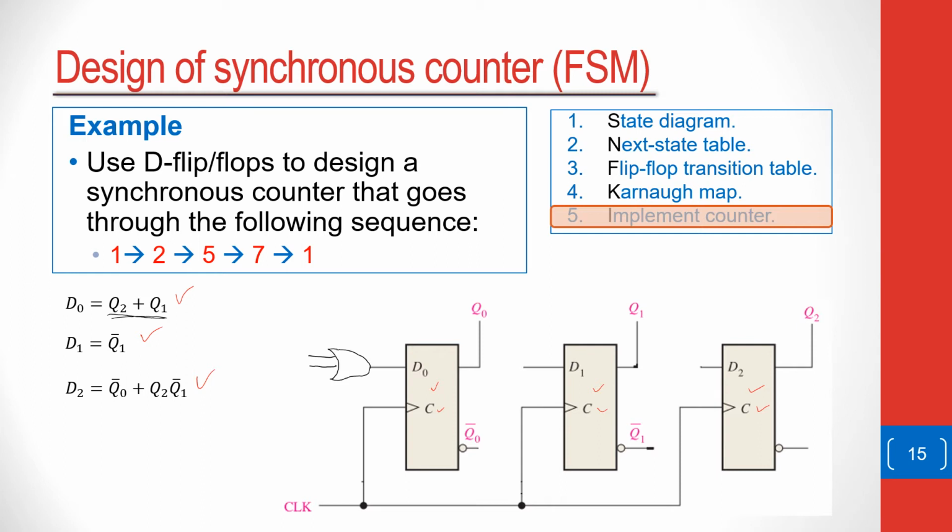So we'll take this Q1, go in there, and then we'll take this Q2. So we are done with this now. Now the input of D1 is Q1 bar. Because Q1 bar is here, immediately we take that Q1 bar.